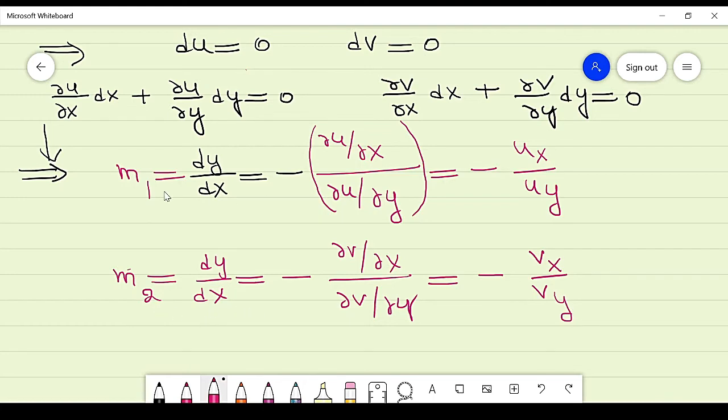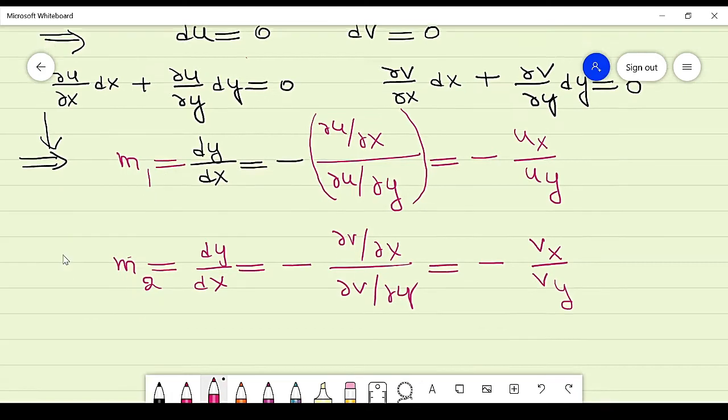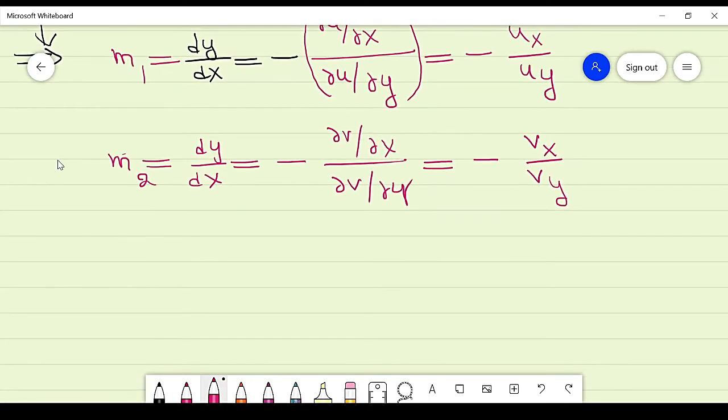Now take the product of these two slopes m1 and m2. We get m1 times m2 equal to plus ux vx over uy vy.